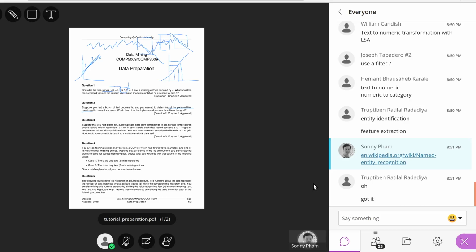And one of the columns has a missing entry, so you need to make a decision what you're going to do with that column. Two cases: there are only 2 missing entries, and there are only 2 non-missing entries. Remember, you are performing cluster analysis, which means clustering.